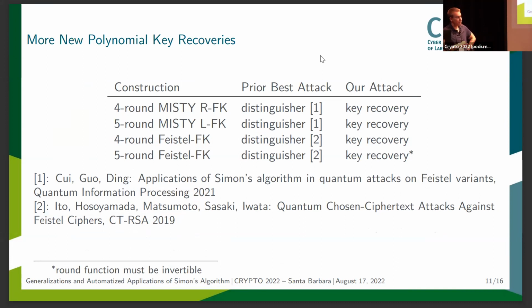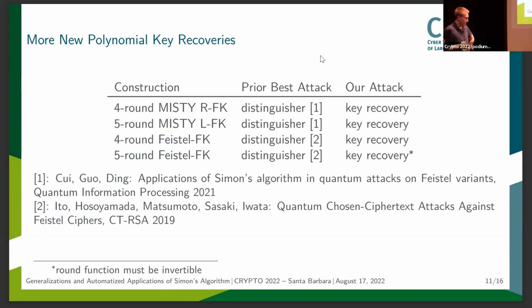In contrast to that, we give key recovery attacks. So on 4-round MISTY RFK, that's the one I just showed. Also on 5-round MISTY LFK, and on 4- and 5-round Feistel FK, with a small caveat for the 5-round: the round function must be a permutation, so invertible, which strictly speaking need not be the case for Feistel functions.